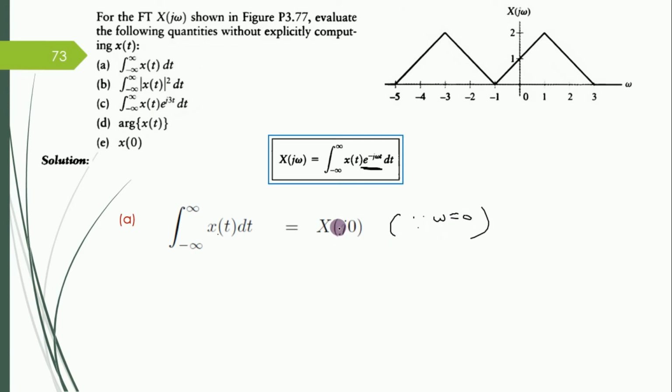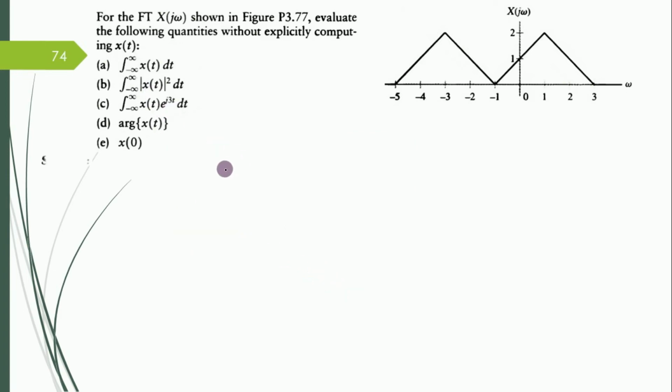So now, at omega equal to 0, what is the value? The value is 1. That's it. Next, this b I'll take.